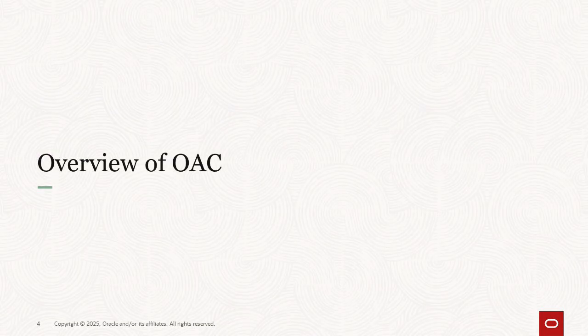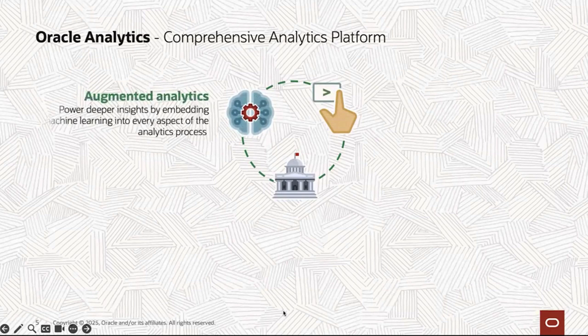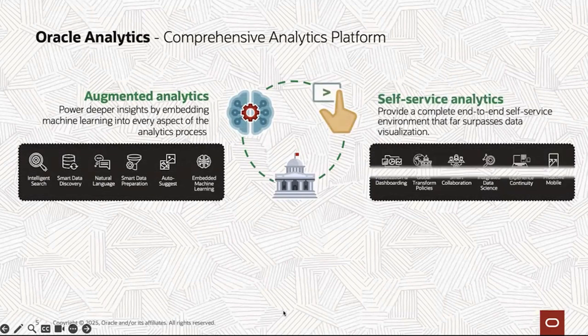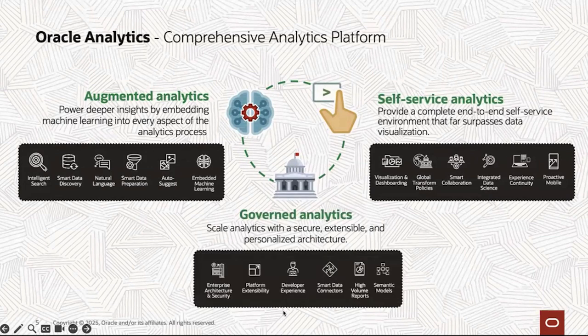All right, so let's get into our overview of Oracle Analytics Cloud. Oracle Analytics Cloud, or OAC, can be thought of as a comprehensive analytics platform. It can provide you with capabilities for things like augmented analytics, self-service analytics, as well as governed analytics. So today we'll be focusing on datasets as part of the self-service analytics.